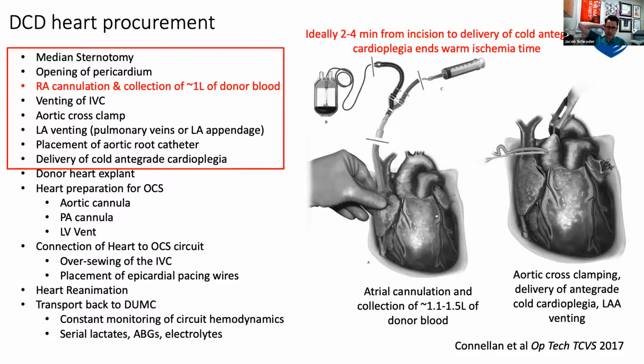You may not be able to imagine this, but when the heart has stopped, and the heart's not pumping, the pressure within the right atrium is quite high, and so this, although it sounds relatively easy, actually sometimes can be a little bit hectic. But we do that, and we've sort of decided on a different way of doing it. But then we just do a normal procurement. Once the blood is drawn, the procurement for all the teams is exactly the same as any other procurement.